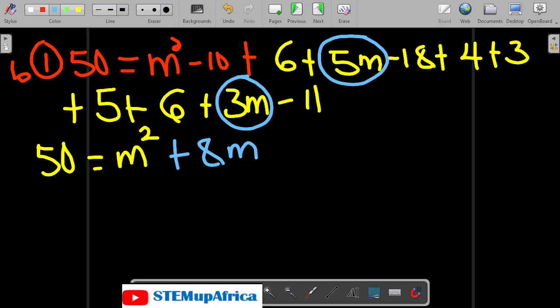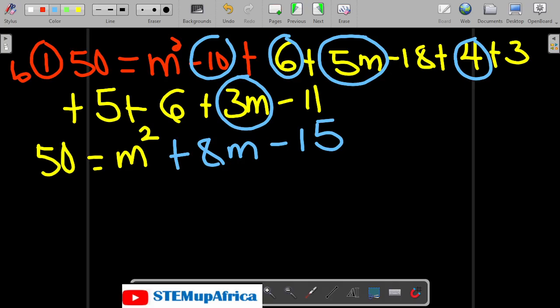So we could add minus 10 plus 6 and 4 will give us 0. So I'm having minus 18 plus 3, minus 15, minus 15 plus 5, minus 10, minus 10 plus 6, minus 4, then minus 4, minus 11, that will give me minus 15.